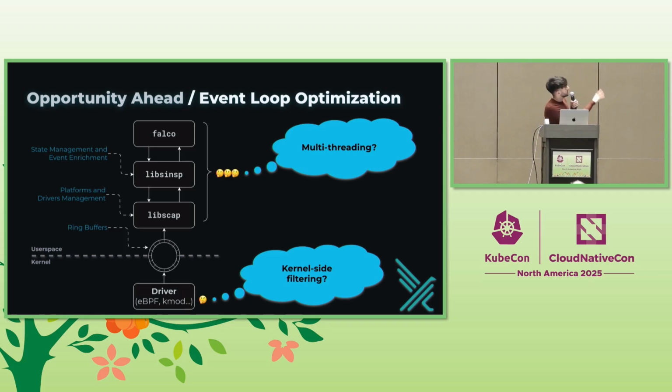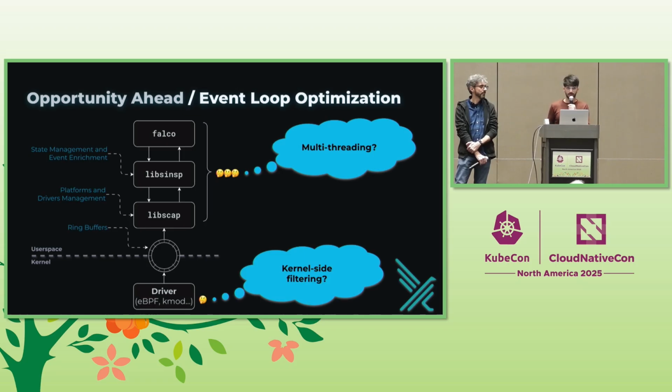So here you can see the simplified architecture. And as I said, this is the event loop, and please notice that it can run for millions of events per second. So optimizing this is crucial in terms of performance. The first thing that we already have in place is some sort of filtering. We would like to discuss with you after this presentation, or maybe in the Falco channels, how we can push it further.